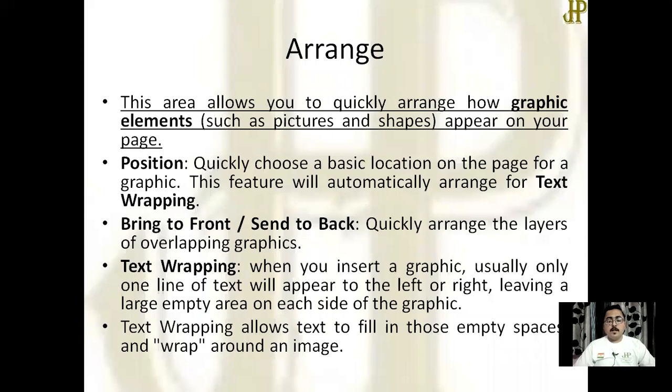Now, at the last, the arrangement. This area allows you to quickly arrange how graphic elements appear on your page. Either you can take a position, or bring to front or send to the back, text wrapping, and many more options.